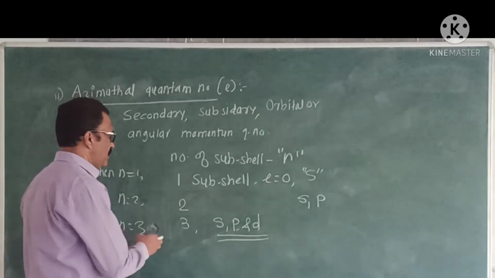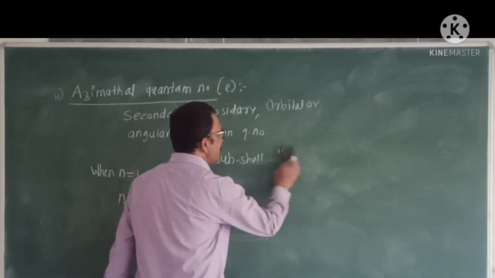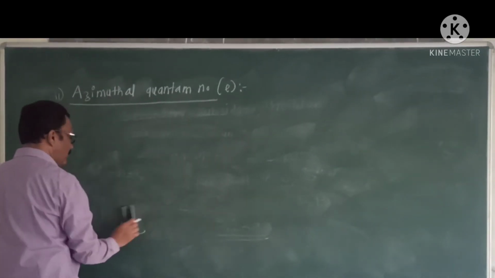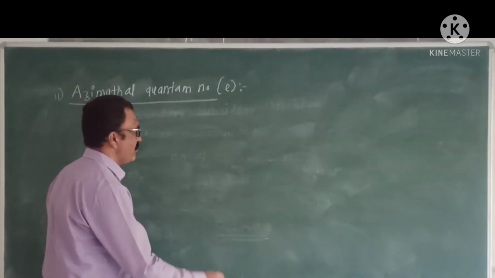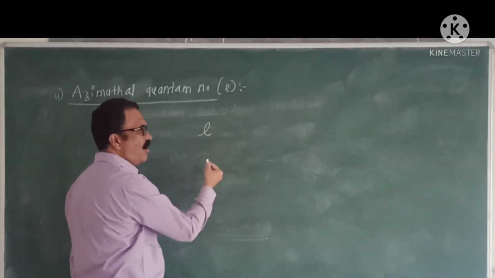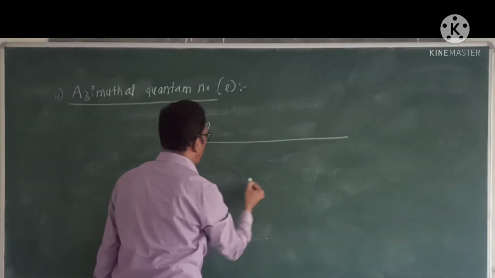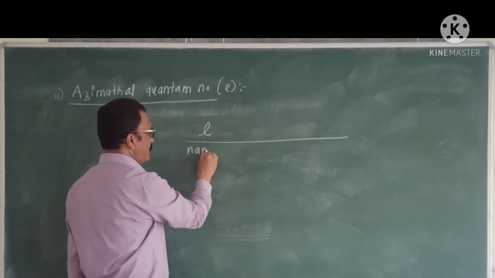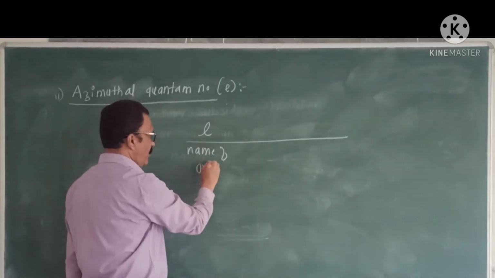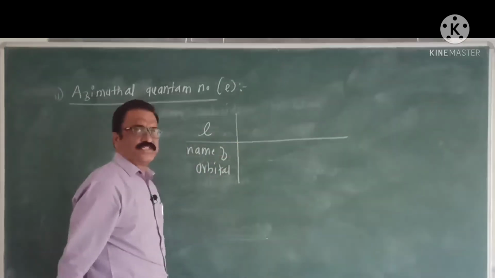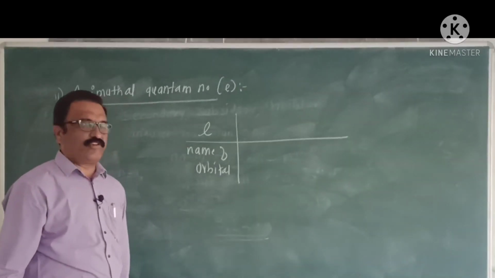Let us summarize all this information regarding the azimuthal quantum number in a tabular form. That is, the value of l and the name of orbital. This is important information regarding atomic structure.